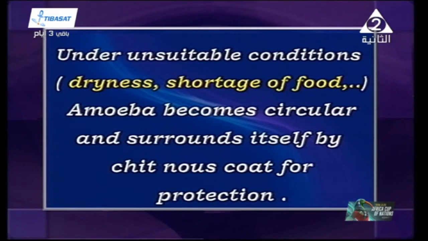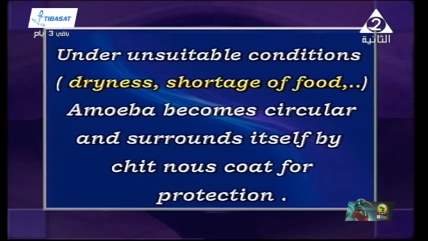Some types of amoeba become circular and surround themselves with a chitinous coat for protection. The chitinous coat is a kind of envelope that surrounds the cell of the living organism to protect it from these unsuitable conditions.